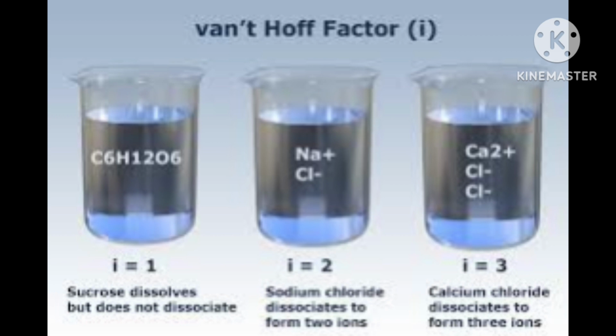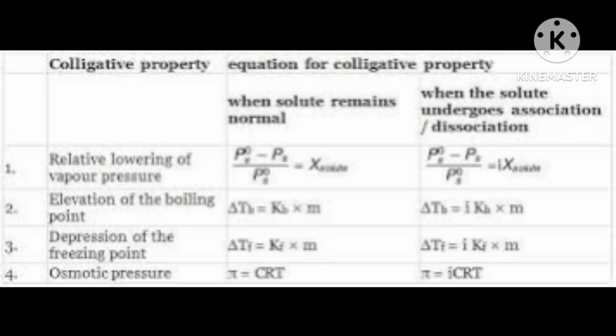Correct? Both are equal. i is equal to normal molar mass divided by abnormal molar mass, and also i is equal to observed colligative properties divided by calculated colligative properties.